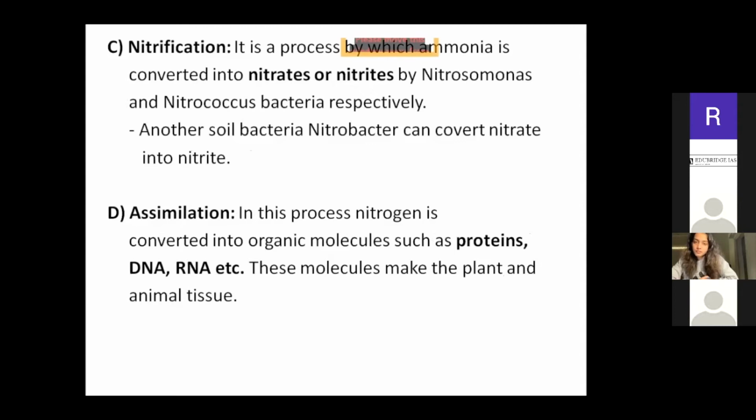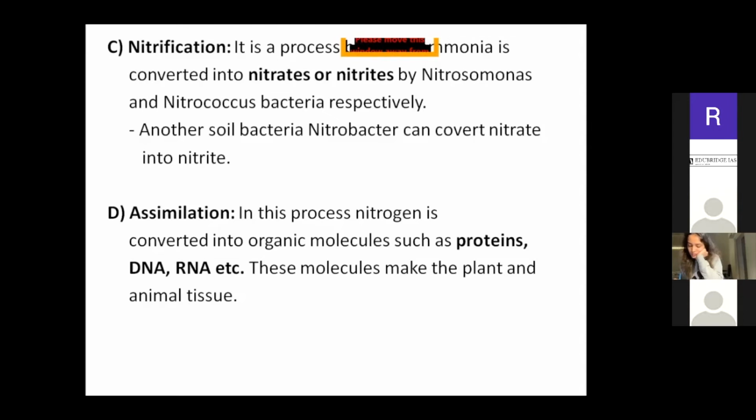Next is nitrification. So there are certain species of plants which cannot use ammonia directly, and for them there are certain microorganisms in the form of nitrosomonas or nitrococcus bacteria, which will convert this ammonia fixed by bacteria like azotobacter or rhizobium into nitrates or nitrites. So there are these nitrifying bacteria like nitrosomonas or nitrococcus, which convert ammonia into nitrates or nitrites.